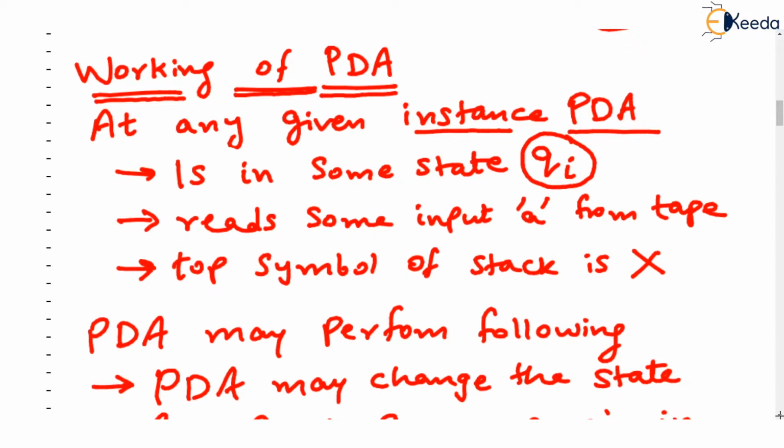Let's assume that PDA is in state Qi, okay? And in this state, PDA reads some input, let's say A, it reads some symbol from the tape, and at that time, the topmost symbol of the stack is X, some symbol, let's imagine. So top of the stack is X. Now PDA may perform the following.